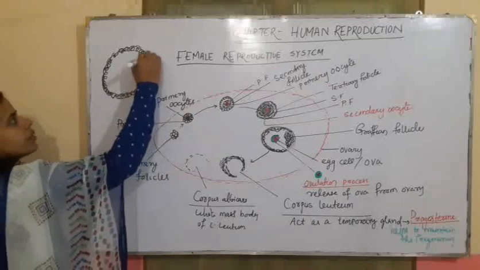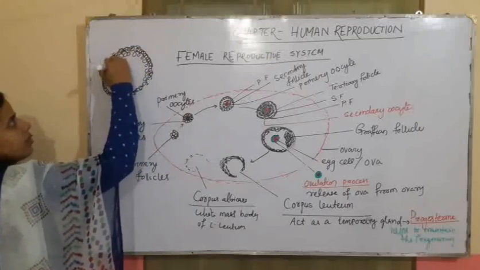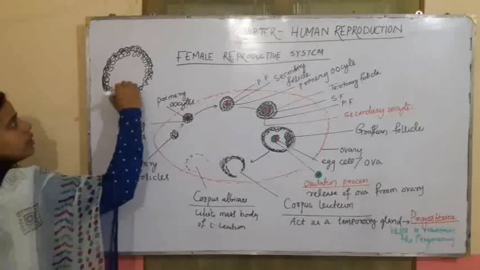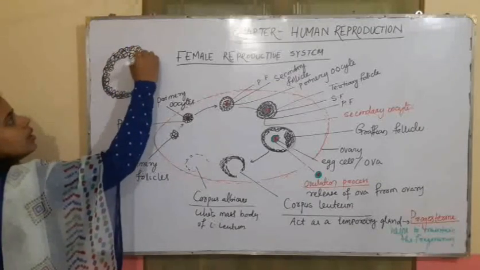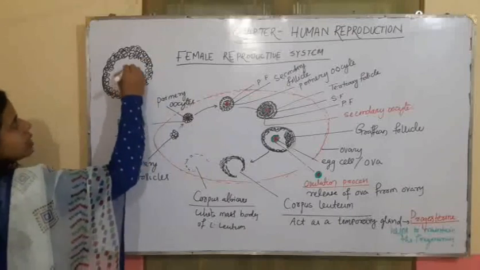And inside the Graafian follicle, the ova is present, right?